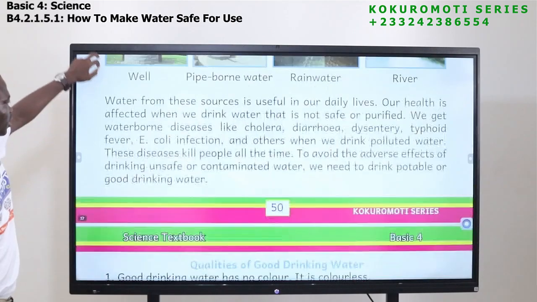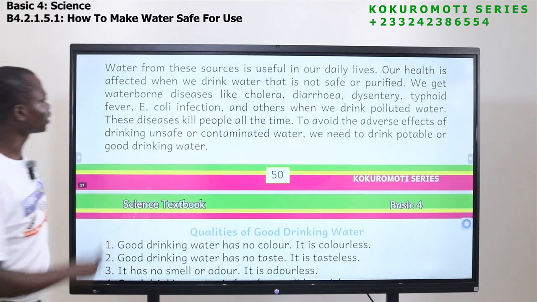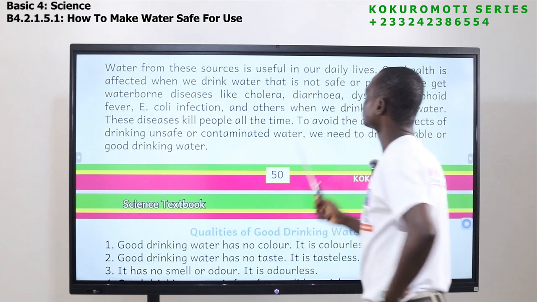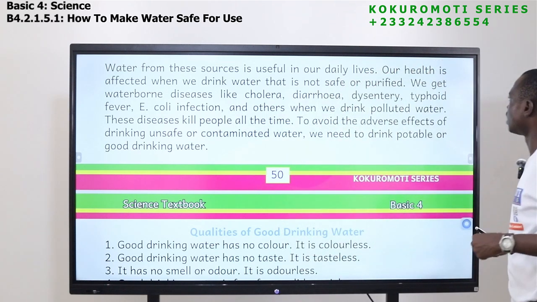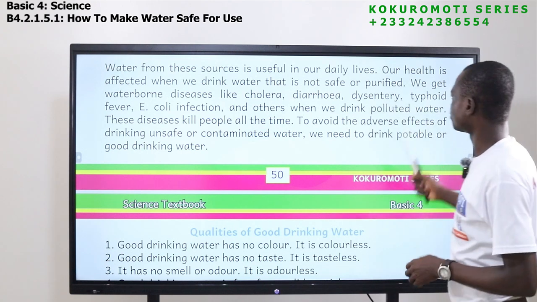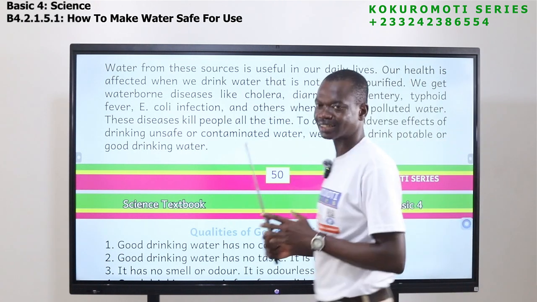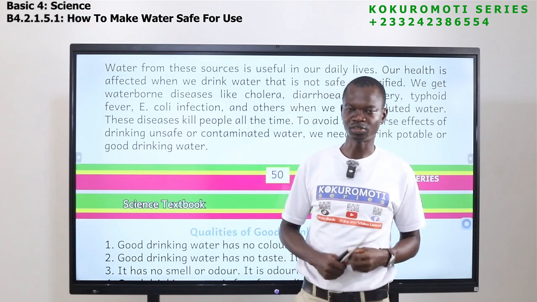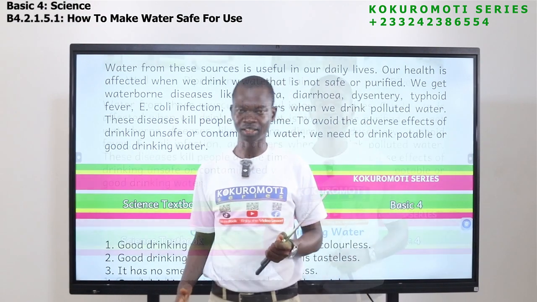Okay. Now let's come here. Water from these sources is useful in our daily lives. Our health is affected when we drink water that is not safe or purified. So what we are saying is that if the water from these sources is not safe and we drink it, we will fall sick.